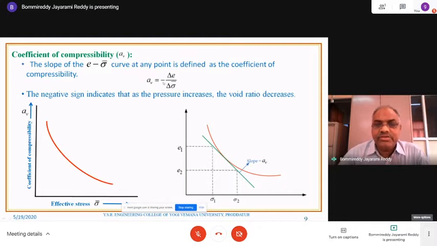That's why the minus sign is used in the AV equation. Again, if you plot the coefficient of compressibility AV on the y-axis and effective stress on the x-axis, it follows a curve like this. So this is one definition.